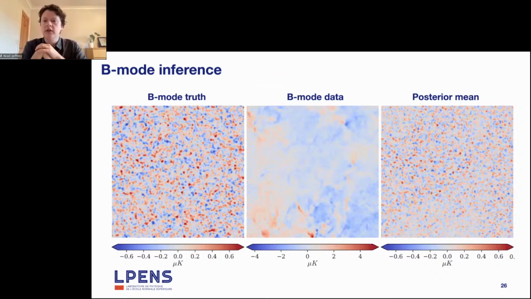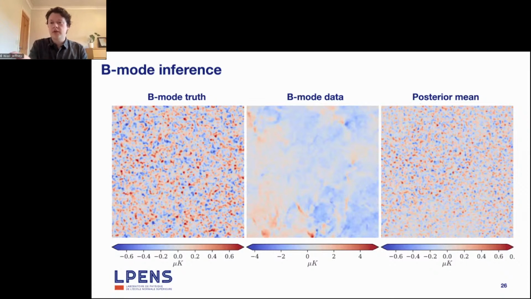You might look at this and think, well, there are some artifacts going on here, that in the bottom, for example, our power is suppressed. But actually, this is exactly what we would want to happen for this particular case. If the B-mode data is very high in amplitude and obscuring the underlying signal, then the posterior mean should get pushed closer to the prior mean, which is 0 in this case.